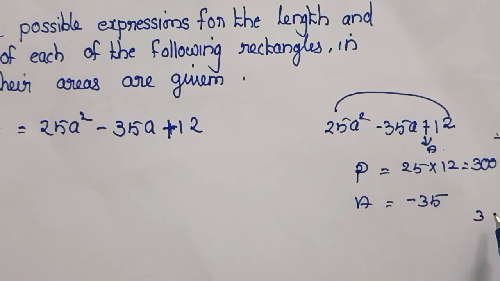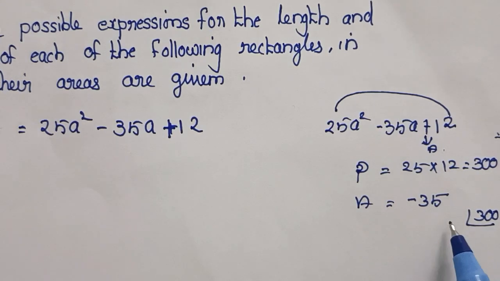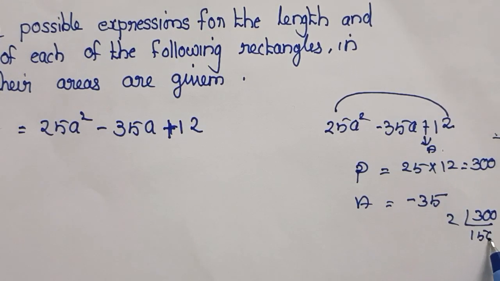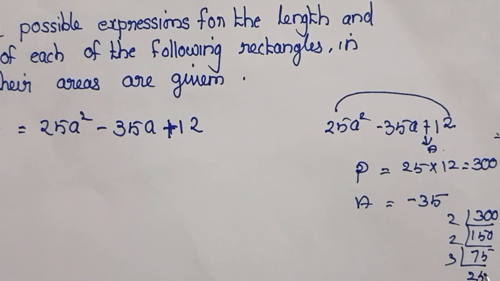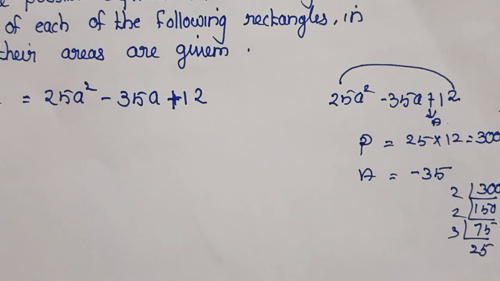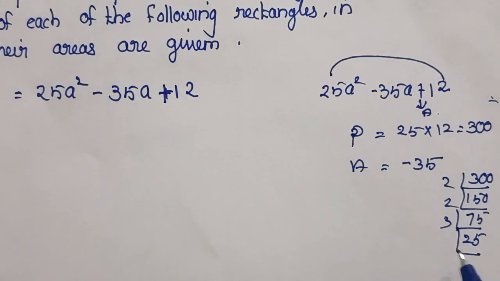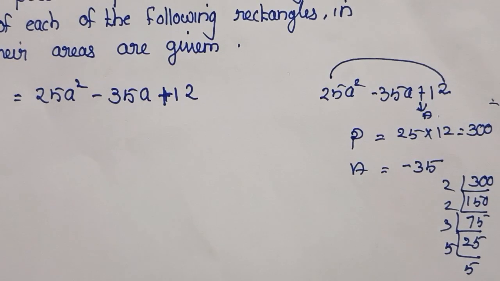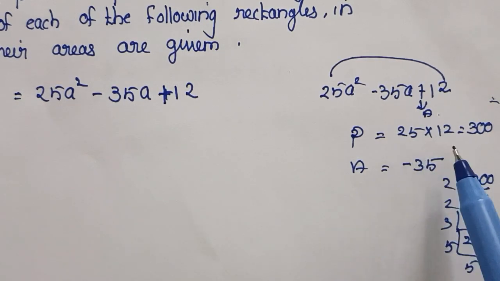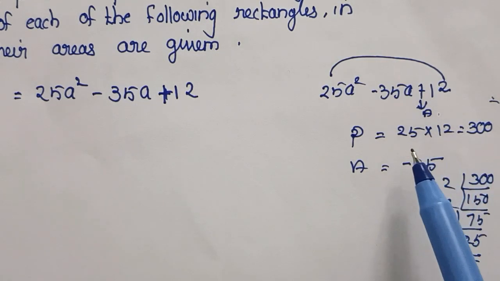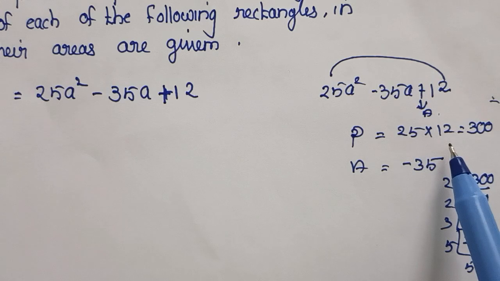Now we can factorize 300 for finding those numbers. By 2 it is 150. By 2, 75. By 3 it is 25. By 5, 5. We know that 25 into 12 gives 300, but when you add, you get 25 plus 12 equal to 37.